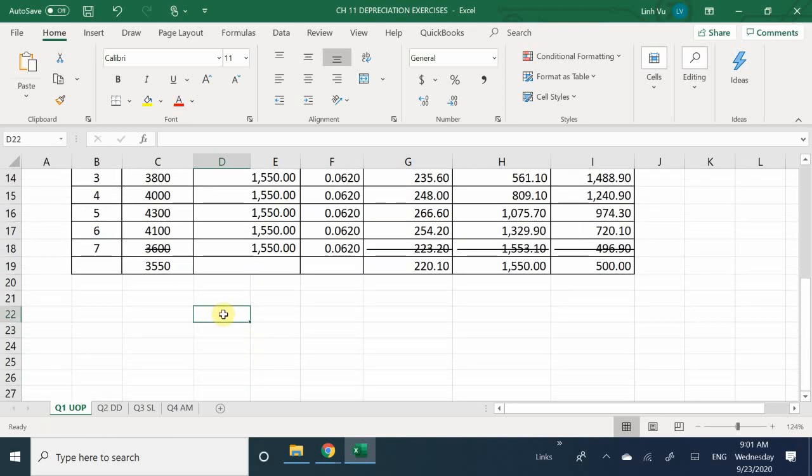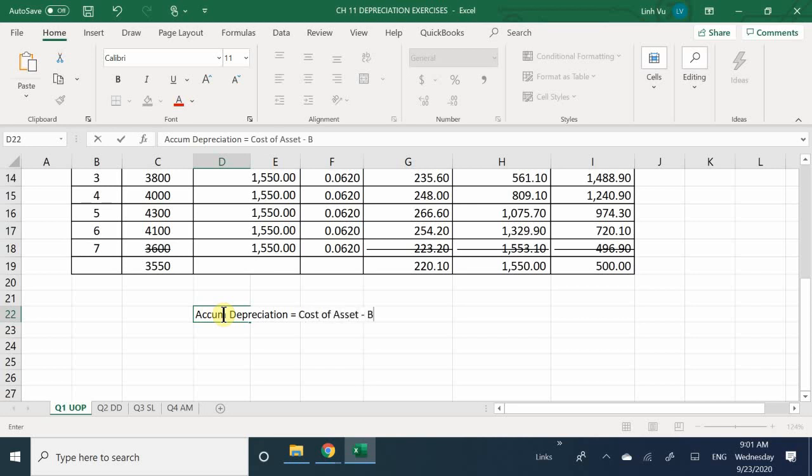Okay, so to solve for accumulated depreciation, it's going to be equal to cost of asset minus book value.